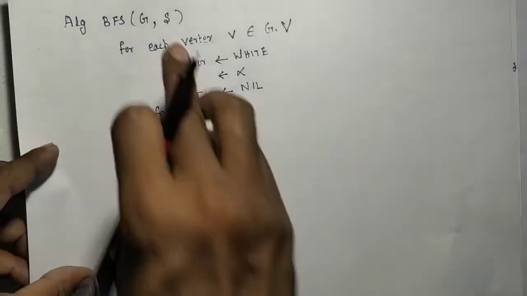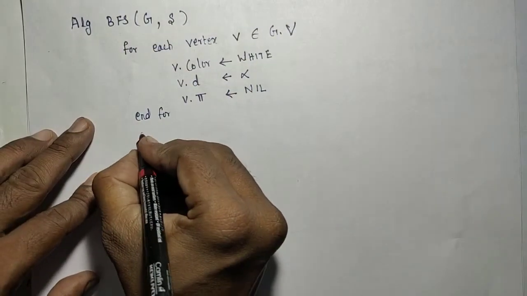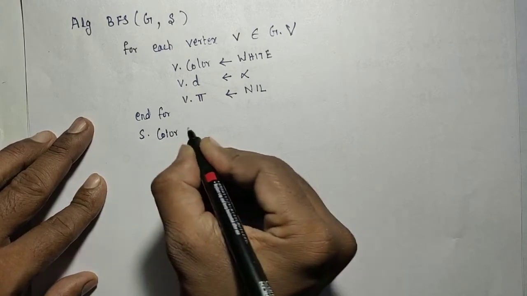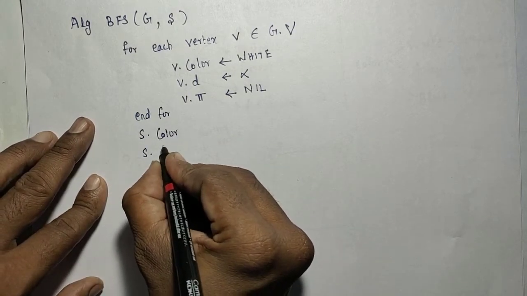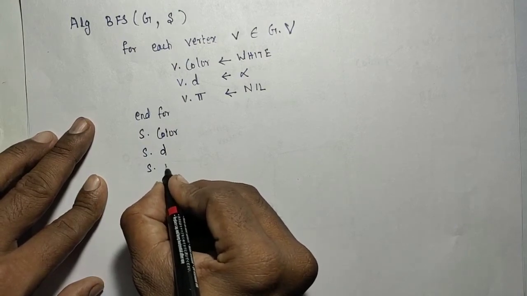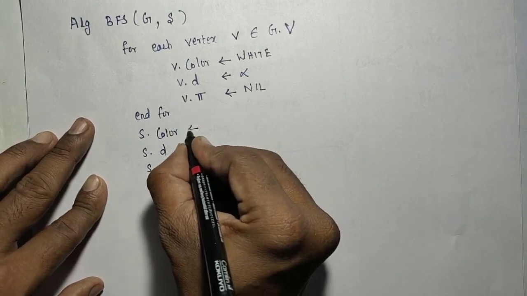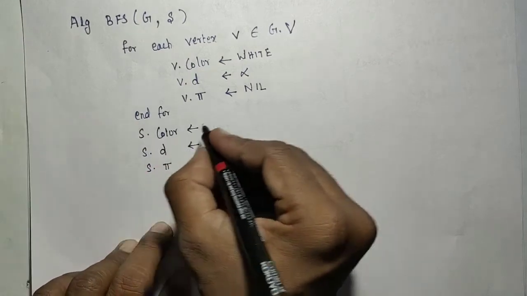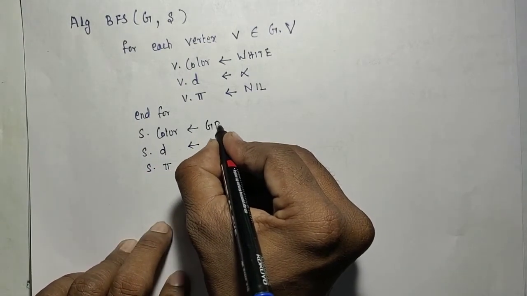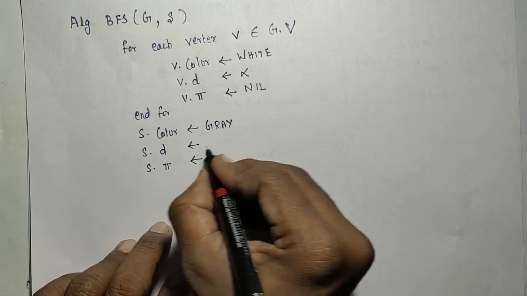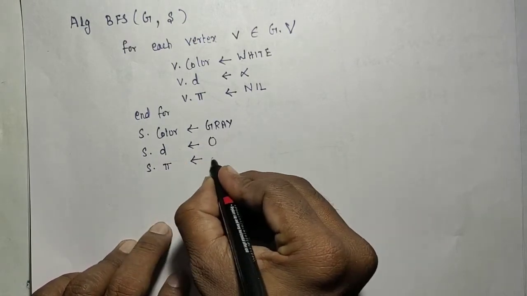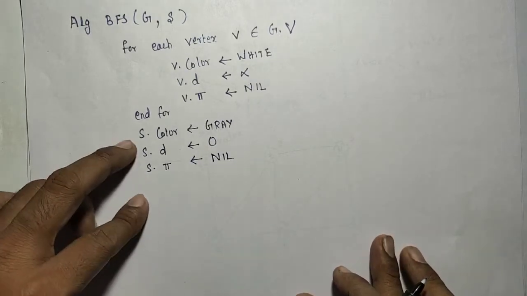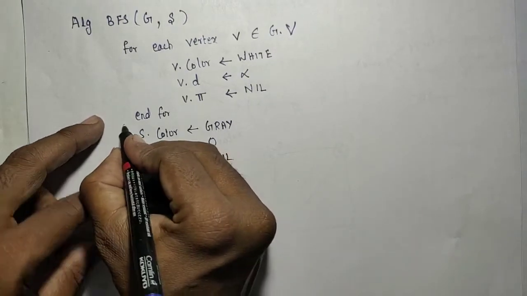For the starting node S, S dot color, S dot distance, and S dot parent need to be updated. The color will be gray, the distance is 0, and the parent is nil, like that. So this is step 1 and this is step 2.